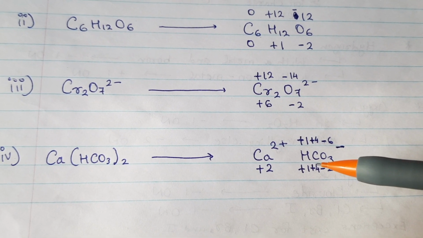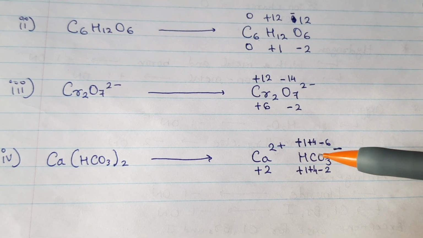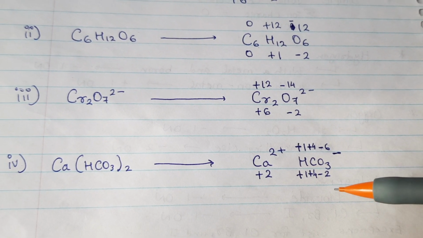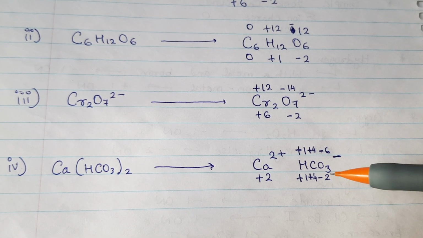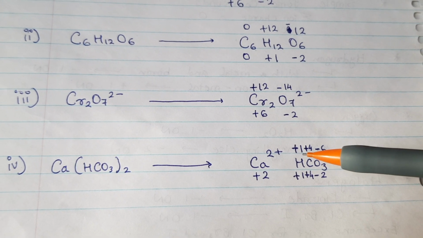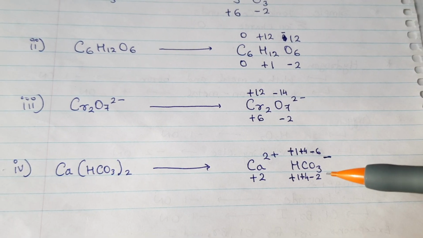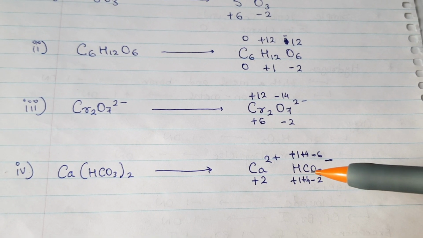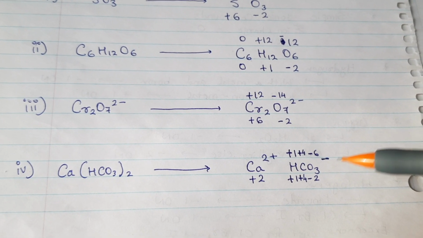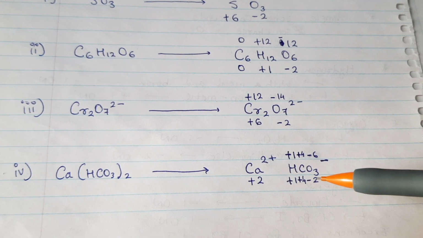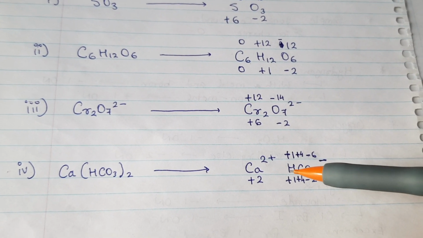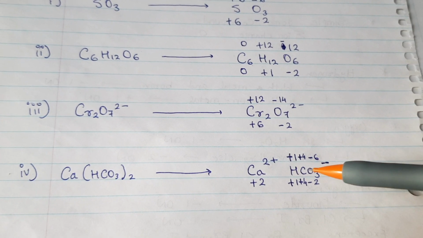According to the priority list, hydrogen has to be assigned first. Hydrogen is +1, and there's only one hydrogen. Oxygen is -2 here. There are 3 oxygens, so we multiply by 3, and we get -6. Now when you add these together, you only get -5. So carbon has to be +4 because that is the only way we get the overall sum to be -1. And it makes sense because oxygen is the most electronegative atom here, so it has to be negative, and hydrogen has to be +1 because it's with nonmetals.